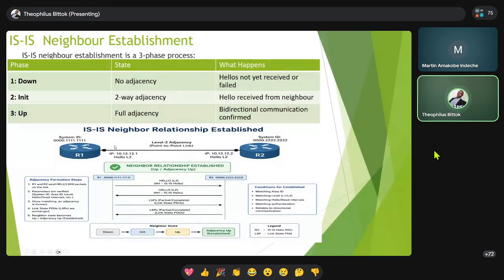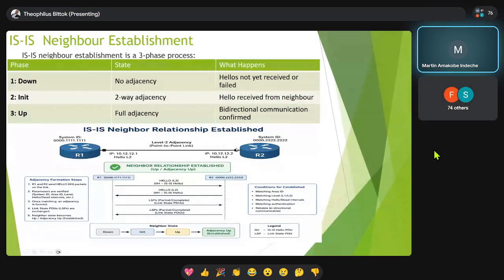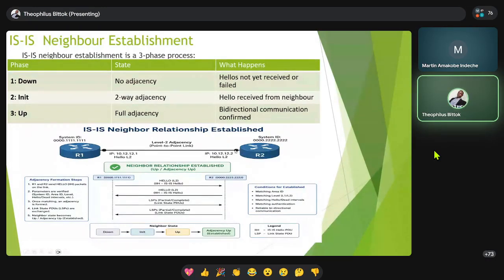Let's say I have configured an MTU of 1500 here, and the ISIS packet is maybe 1492 in size. For padding, it's going to add something extra on top of it to make it 1500. Once that padding has been done, let's say the MTU here is 1500 and the MTU here is 1400.